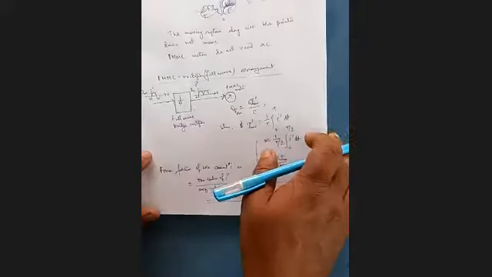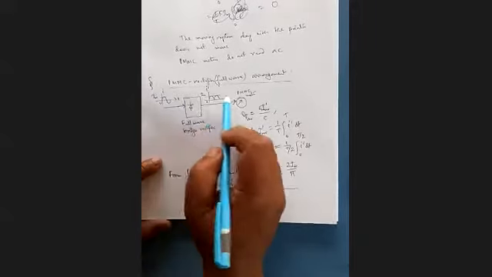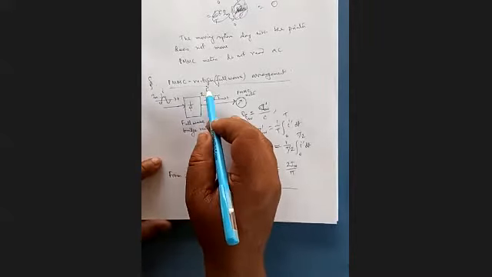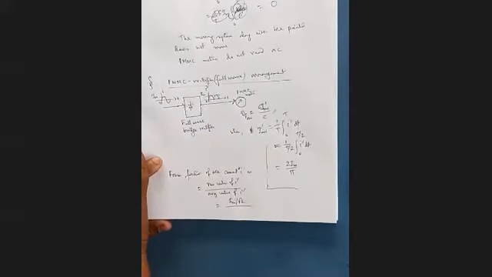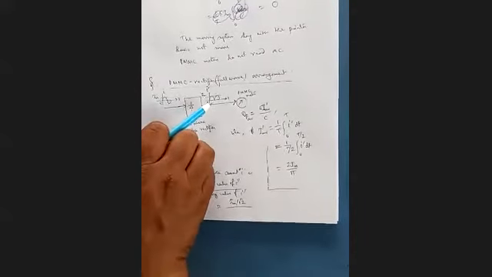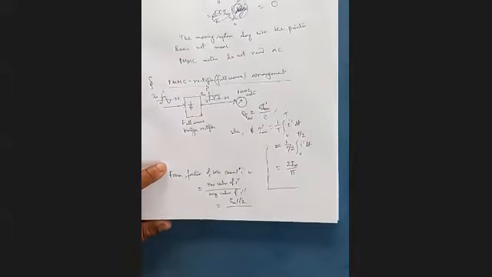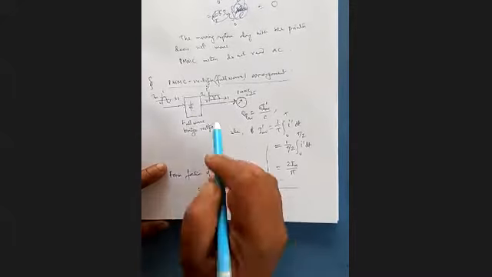Note that for the original waveform also its RMS value is Im by root 2. And for the rectified wave also the RMS value does not change, because in RMS value, first we square the waveform and then do the remaining computation. When we square, whether the waveform is negative or positive, it doesn't matter. Both give the same squared function. So the RMS value becomes the same for both waveforms.